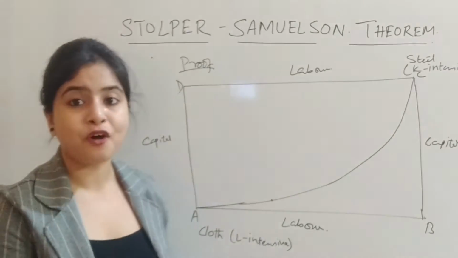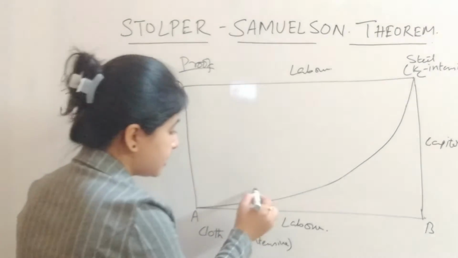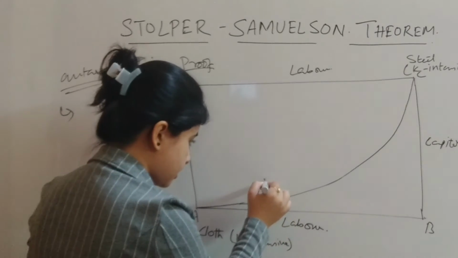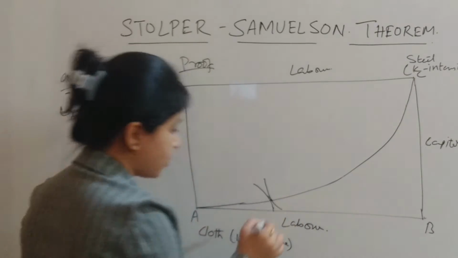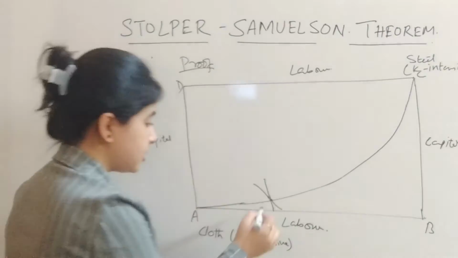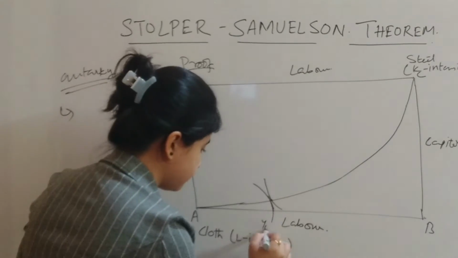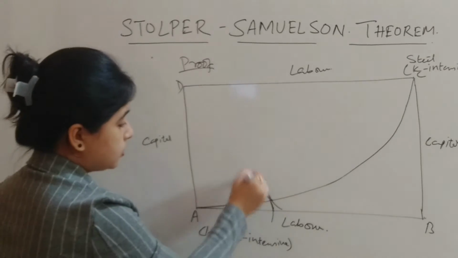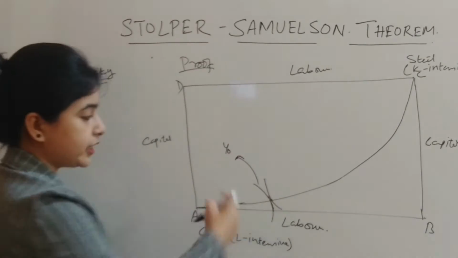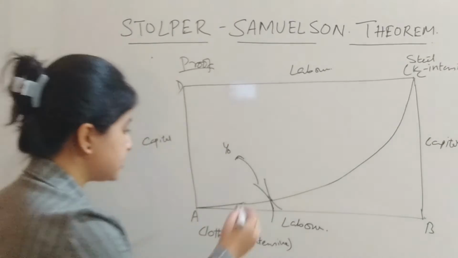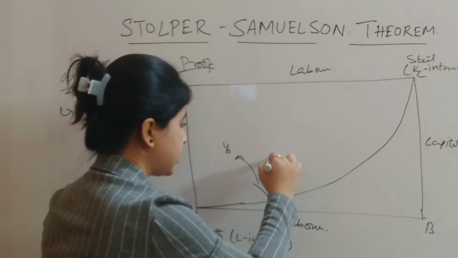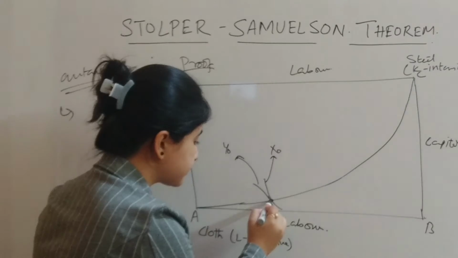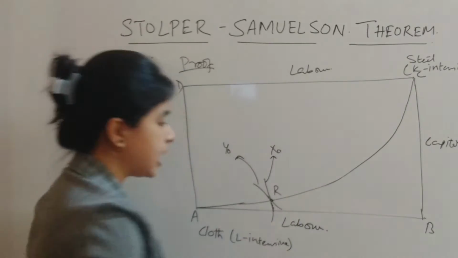Before trade, the home country is producing at, let's say, this is the position where the two isoquants are intersecting each other. Let this isoquant be y0, although I am not allowed to mark it beyond the Edgeworth box, so I am marking it within it, y0, and let's say this is x0, and let this point be denoted as r.